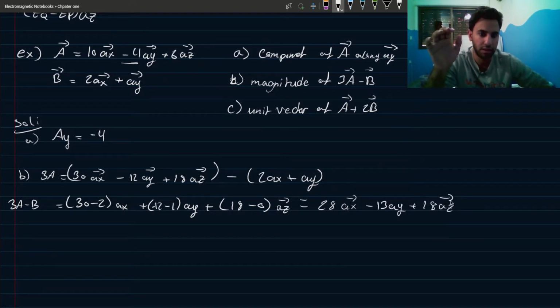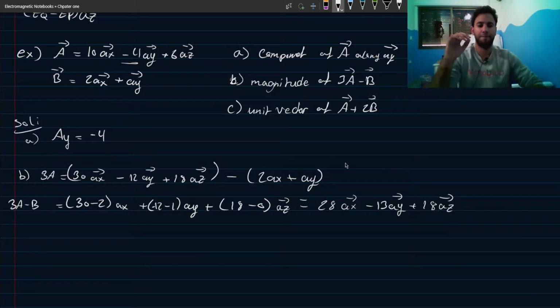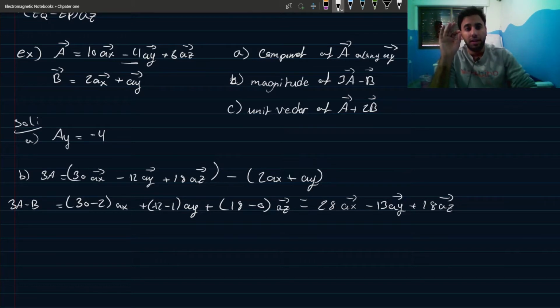There you have it. That's 3A minus B. But that is not the final answer. If you have gotten here, that's fantastic, but that's not the answer. They want the magnitude of 3A minus B.